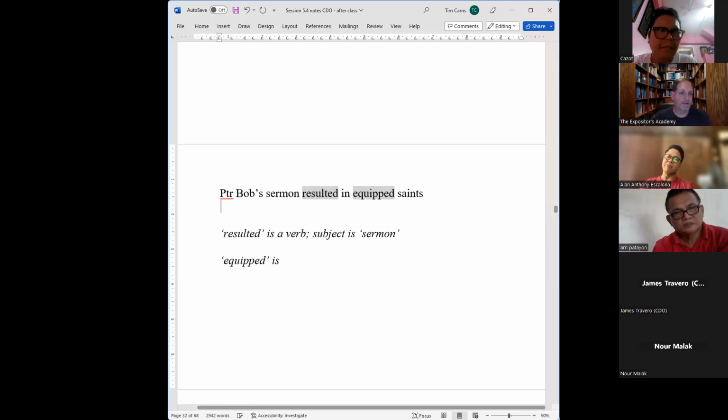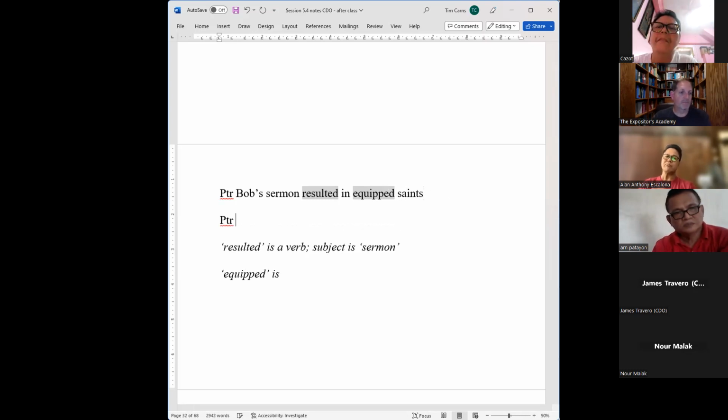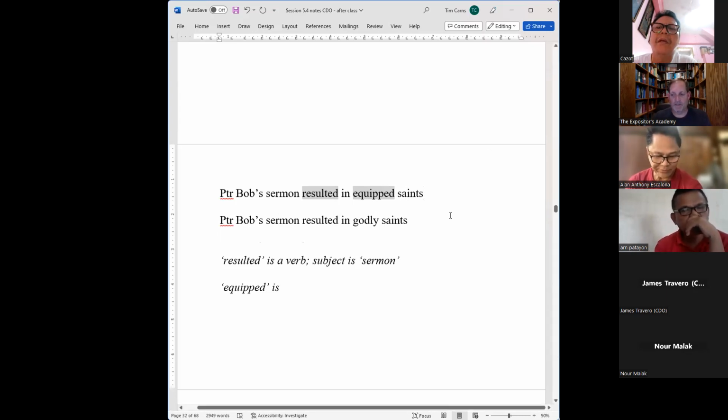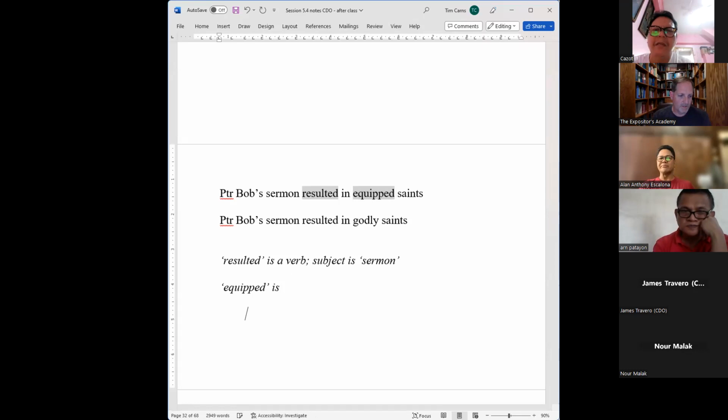Think of it this way. We could have said Pastor Bob's sermon resulted in godly saints. Godly is modifying saints. It's telling us something about saints, right? So equipped is doing the same thing here. It's telling us something about the saints. So in this case, there's no subject.